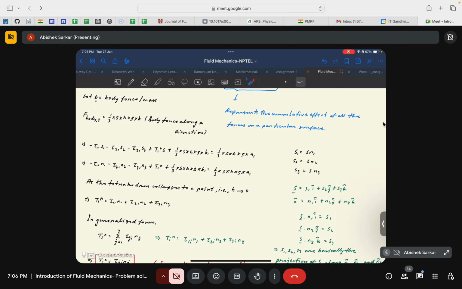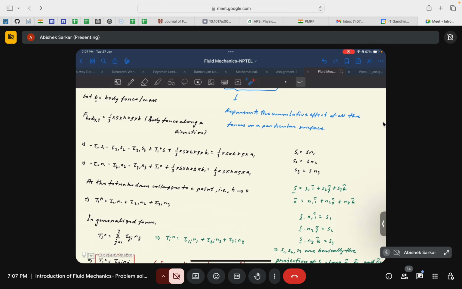So if I want to find a component or a projection of the surface S along a particular plane, for example the xz plane, the normal vector to the xz plane would be along the y coordinate, correct? So n2 j cap will be the normal vector to the xz plane. So the projection of the surface S on the xz plane will basically be S dot n2 j cap, which will be S2. Okay, so S n2 will give you S2.